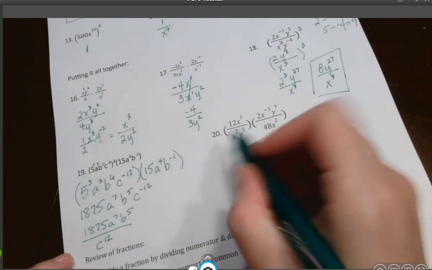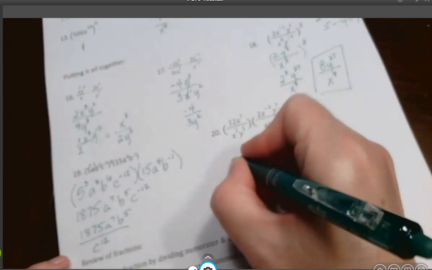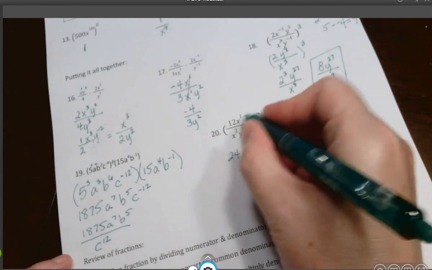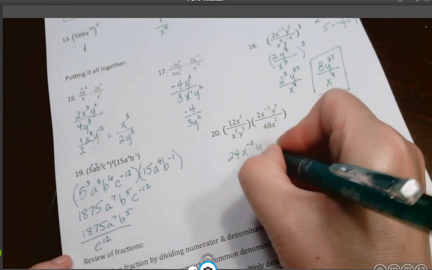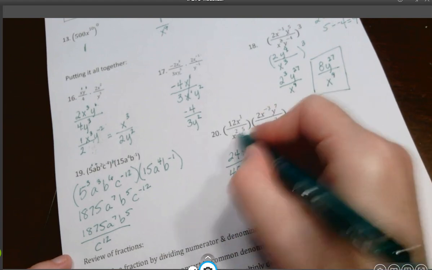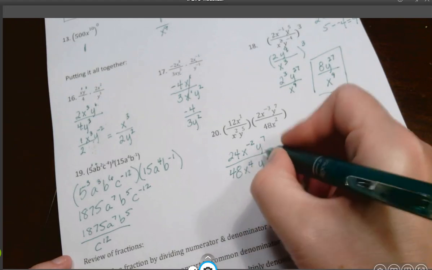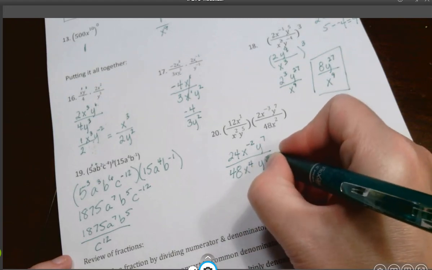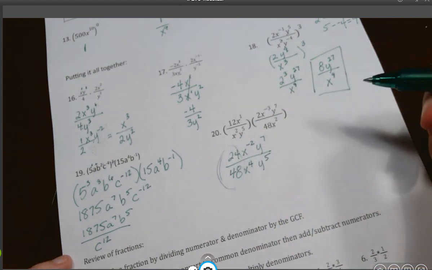Okay, this one here, I'm going to multiply across. So 12 times 2 is 24. Add my exponents, x to the negative 2, y to the 7. 48. Add my exponents, I have x to the 4, y to the 5. All right, 24 over 48 is a fraction.